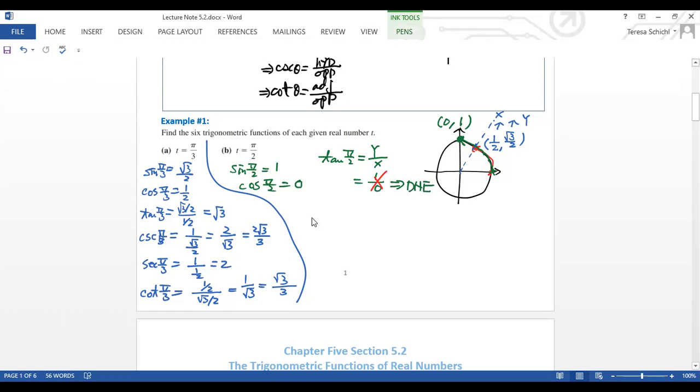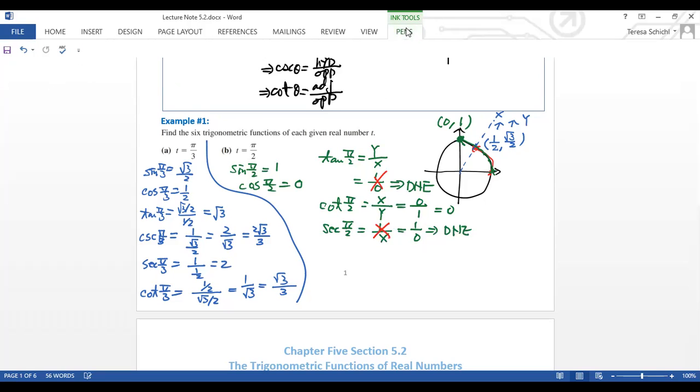Good. Now the next one I can define is cotangent pi over 2. Cotangent is x over y, so it's 0 over 1, which is 0. That one is good. And what is the secant pi over 2? It is 1 over x, so it's 1 over 0, which does not exist. So this one we cannot define.